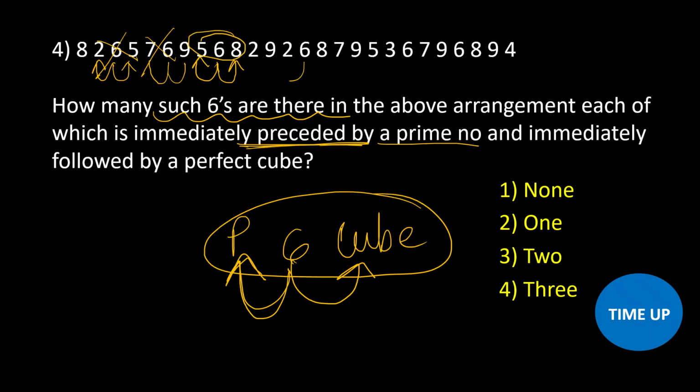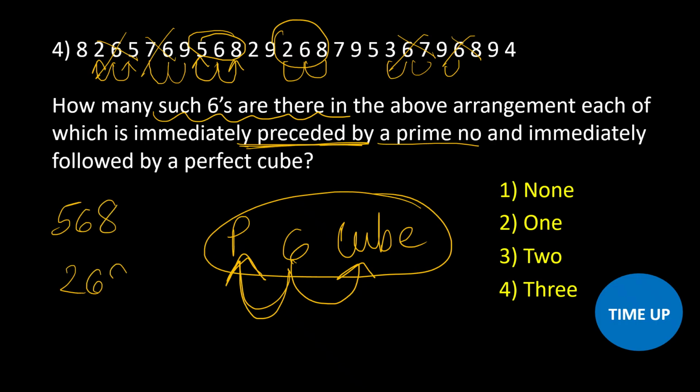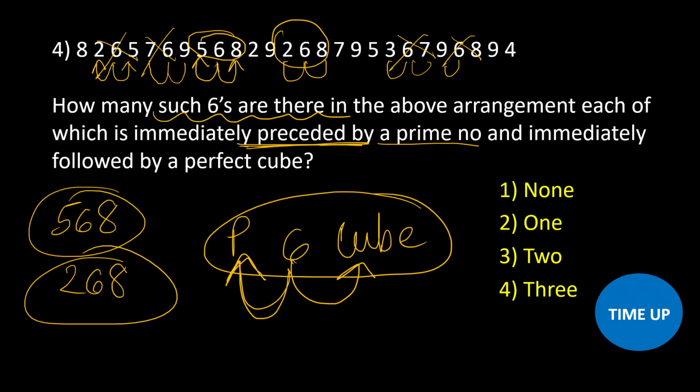Next, this is a prime number, followed by a perfect cube. Second. Anywhere else you can see? No, right? So only two you can see, that is 5, 6, 8 and 2, 6, 8. So 2 will be your answer.